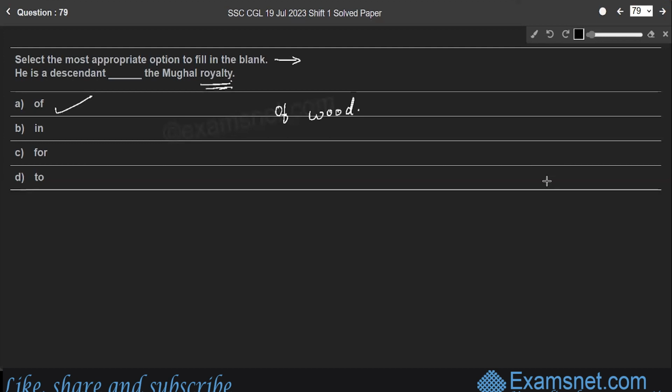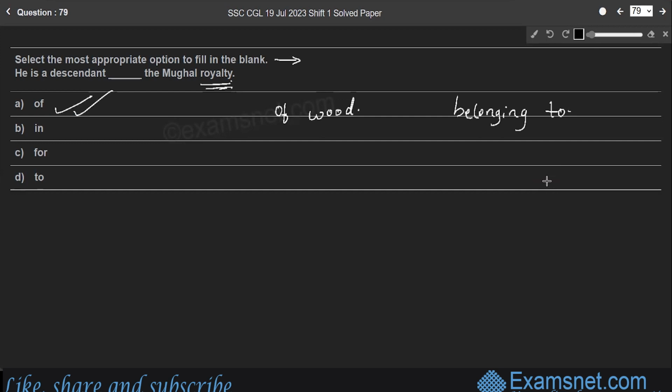Here, descendant of the Mughal royalty means belonging to the Mughal royal family. Therefore, option A is the right answer here.